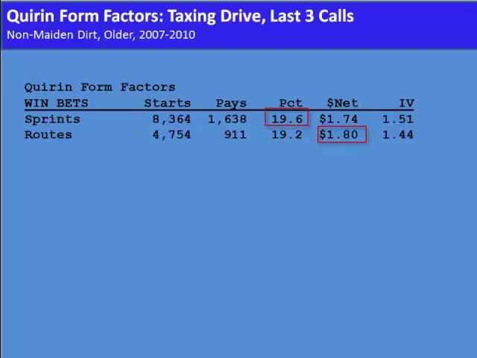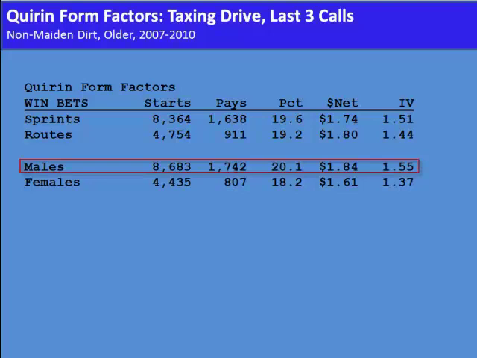In this slide, we've broken our 13,000 races out into sprints and routes. And sprints have a small advantage in hit rate and impact value, and routes have a slight advantage in dollar net. But really, they're about equal. We move on and break it out between males and females. Now there we see a significant difference.